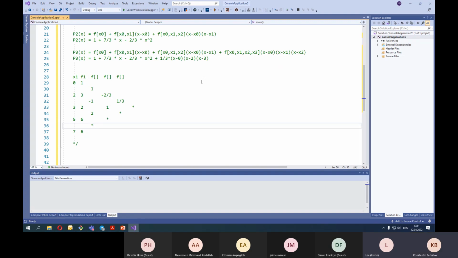And yes, now we have no time, but maybe next time I will show you a simple program in C++ that allows us to find this table of divided differences.